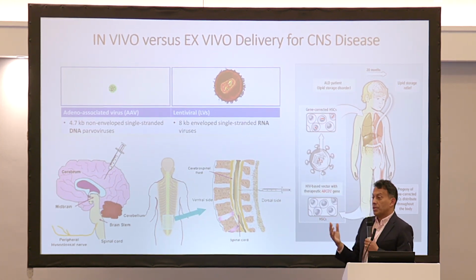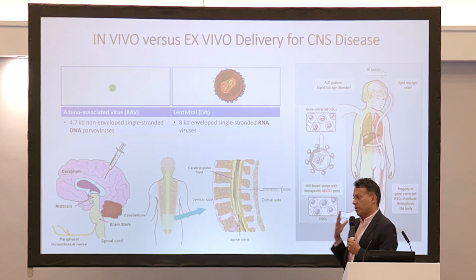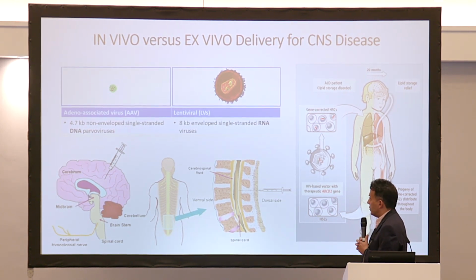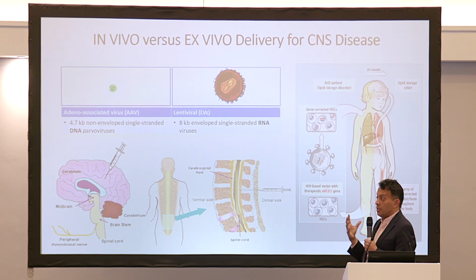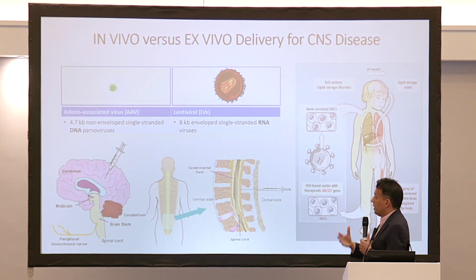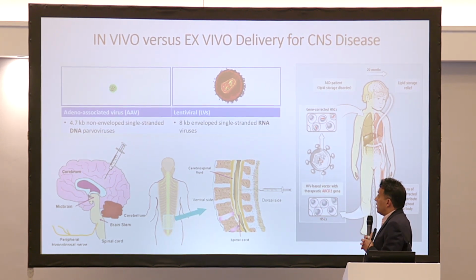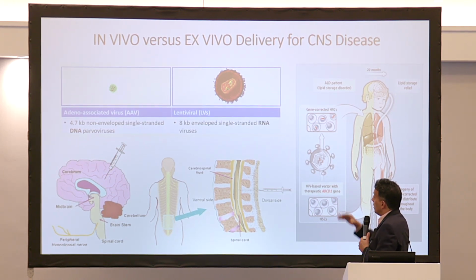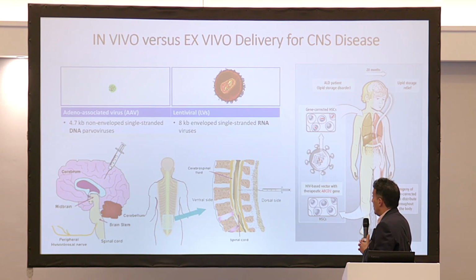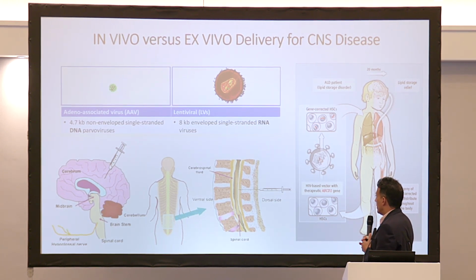Why is that important? As you learn about these different kinds of vectors, size matters, because if your gene is too large, you can't fit it into an AAV. There are ways you can save space and cut down, but if your gene is too large, you might have to go to a lentivirus.